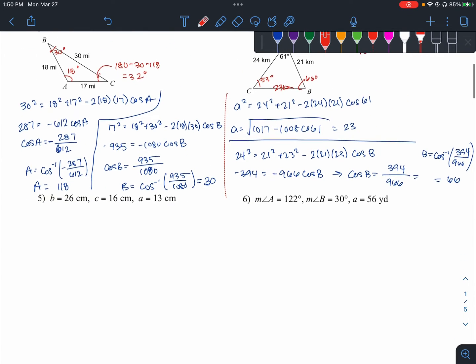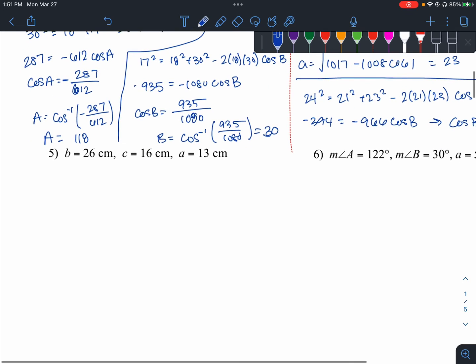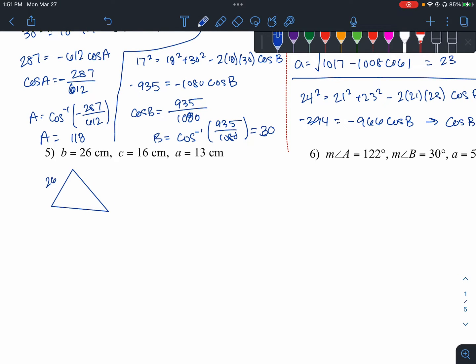For number 5, note that we have all 3 sides. If it makes you feel more comfortable, you can go ahead and draw a small diagram. So you can say 26, 16, or I guess traditionally that'd be 13. This one would be 16.